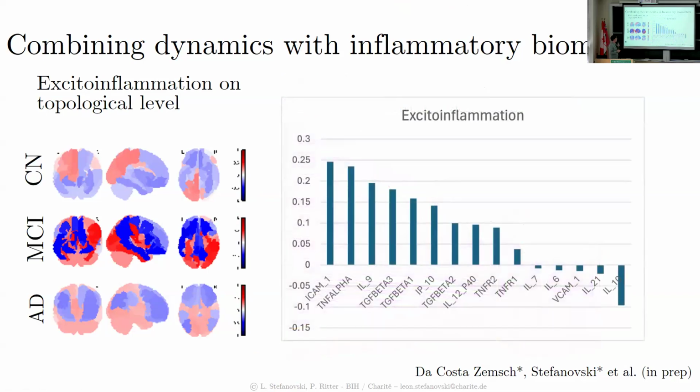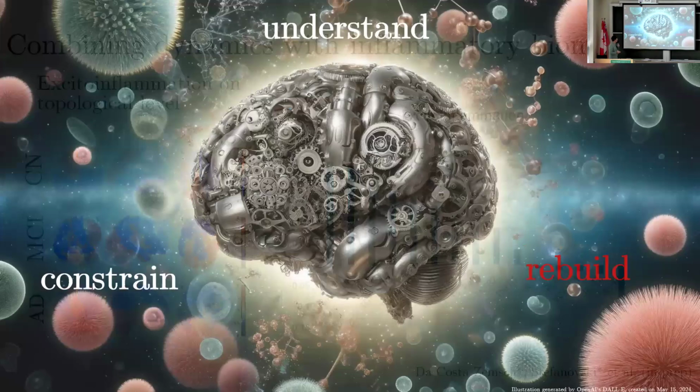And when we compare the other immunological mediators that were available in the subset of ADNI, we see that the strongest excitoinflammation, as we call it, so the coincidence of excitation and inflammation, is actually led by TNF-alpha.